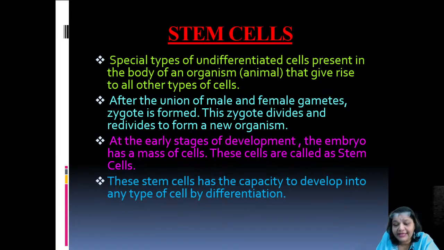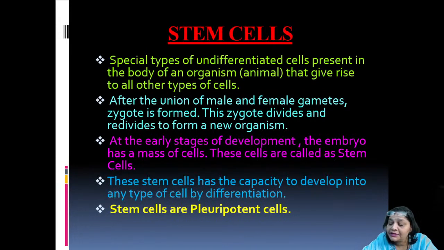Such cells found in this embryo, the embryonic cells, are called the stem cells. These stem cells have the capacity to develop into any type of cell by the process of differentiation. Differentiation is the change that occurs in the cell to perform a particular function in a particular organ, in a particular position that it is present in.